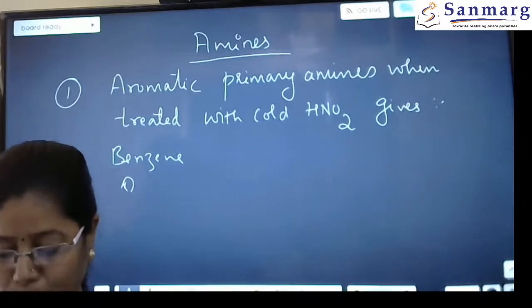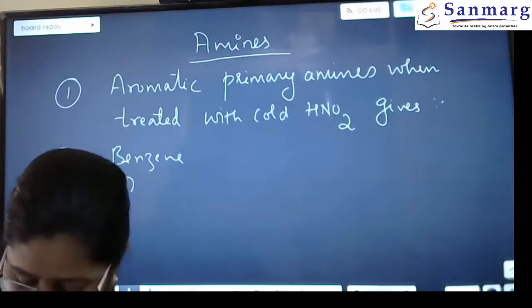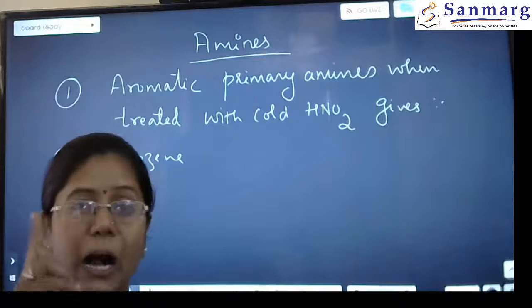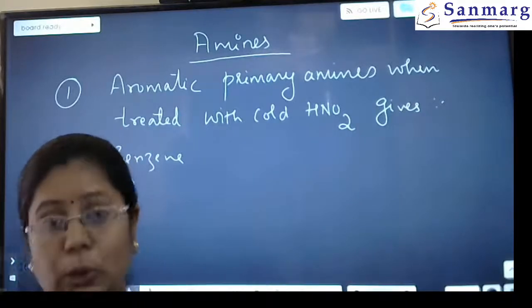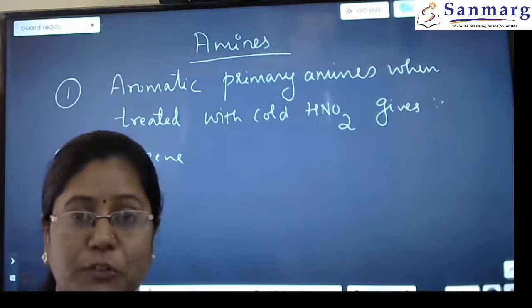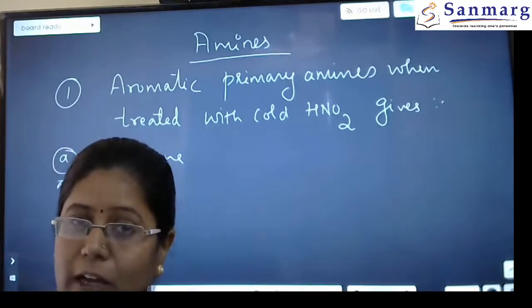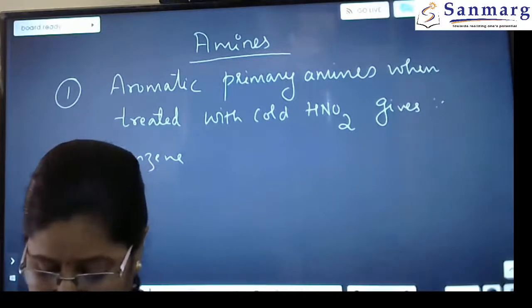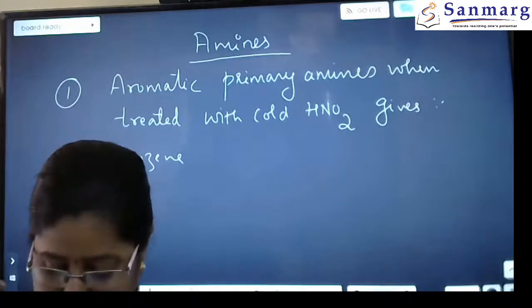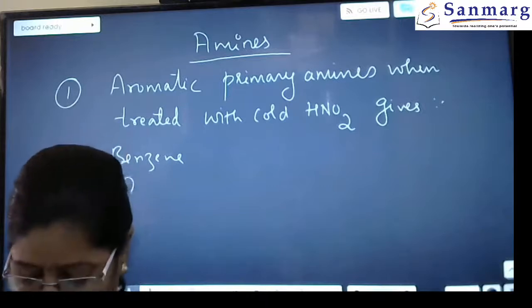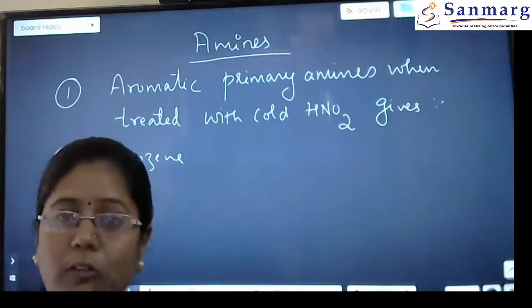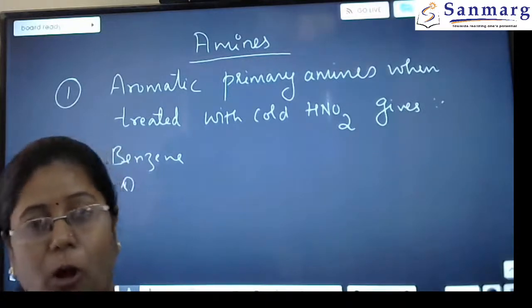Amides can be converted into amines by which reaction? Carbylamine reaction, Sandmeyer reaction, dehydration reaction, or Hoffmann bromamide reaction.